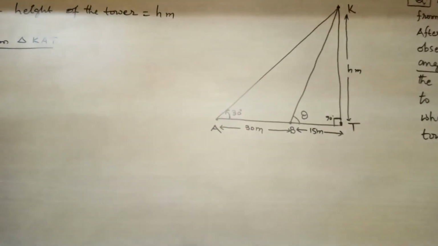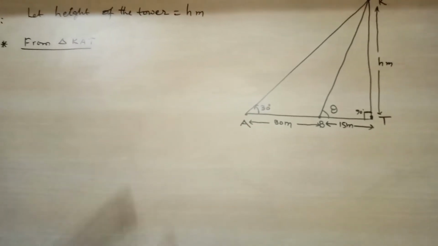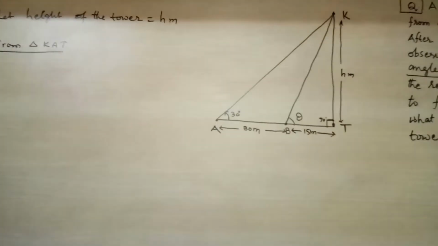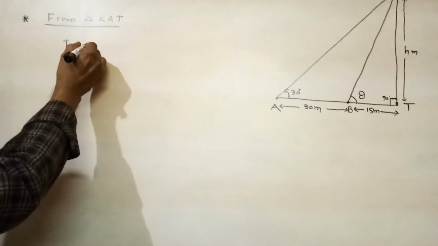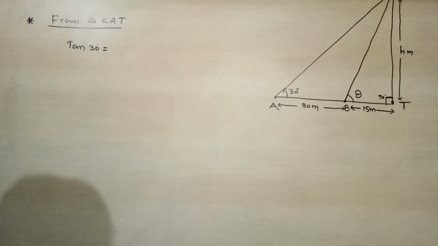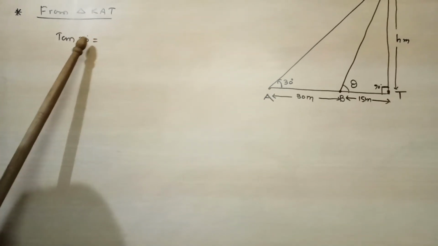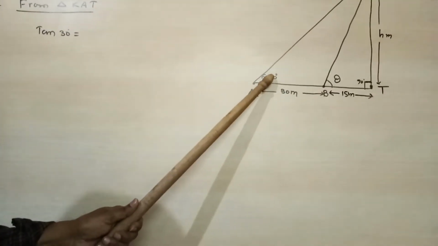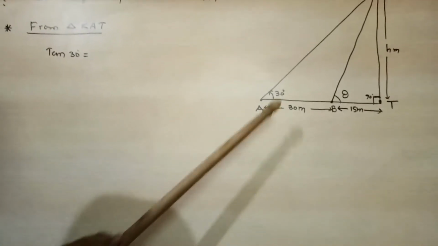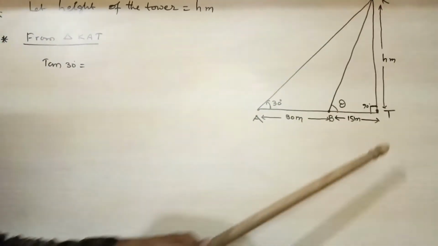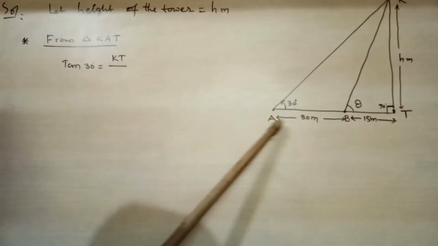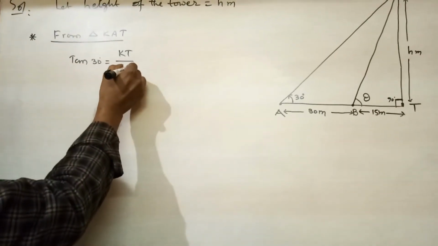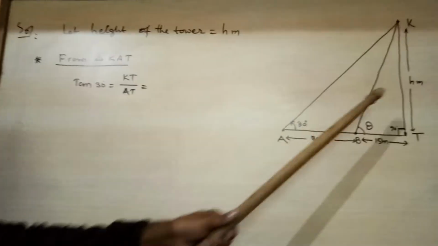Therefore I am considering the right angle triangle KAT and applying tan 30 degrees. Tan 30 degrees means the opposite side to 30 degrees over the adjacent side. The opposite side to 30 degrees is KT, and the adjacent side is AT. The KT value we don't know, that is h meters.